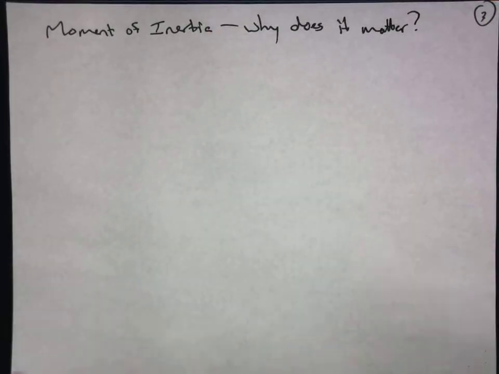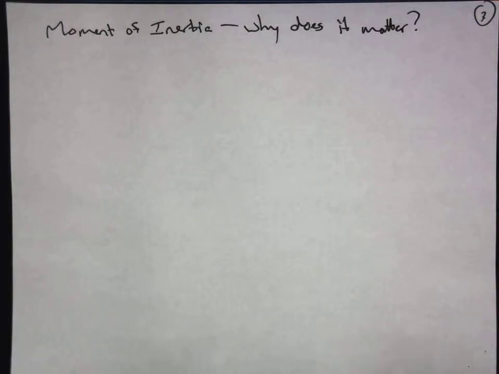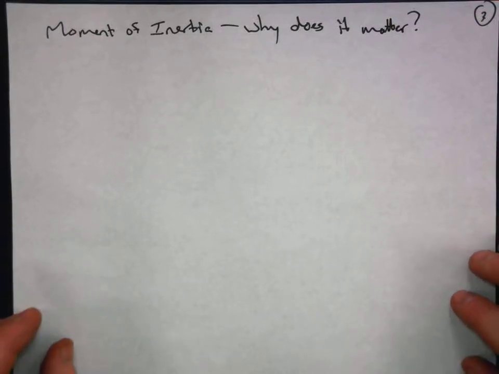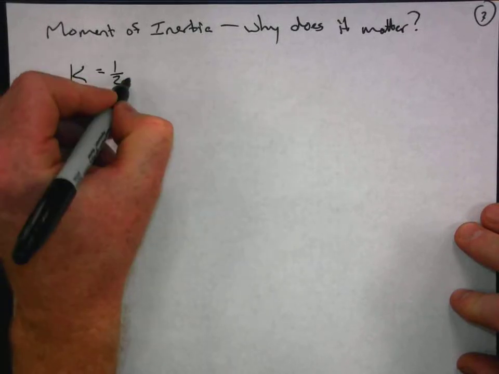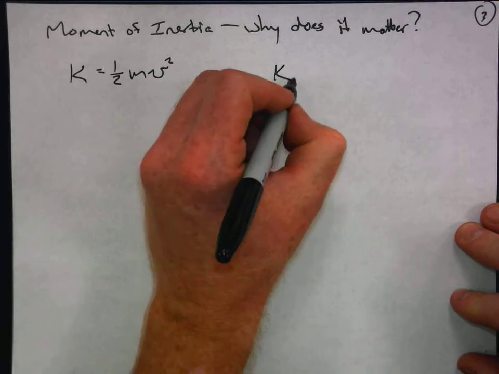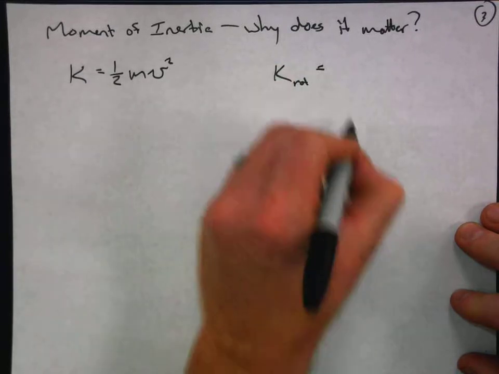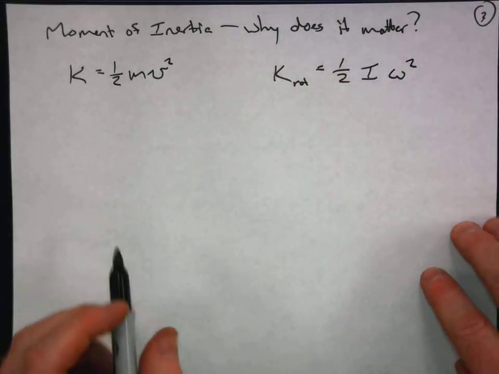Why does it matter? If you look at the equations, you can see mathematical relationships. It essentially plays the same role in rotational motion that mass plays in translational motion. If you recall the equations for kinetic energy, there's translational and then rotational, right?